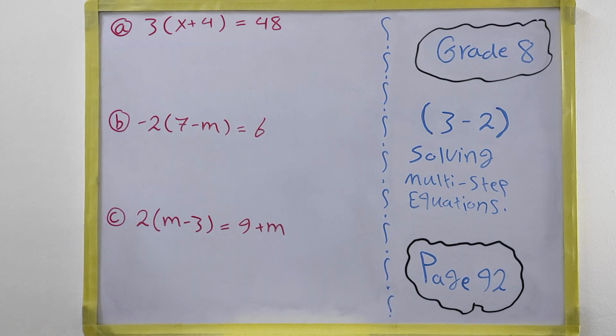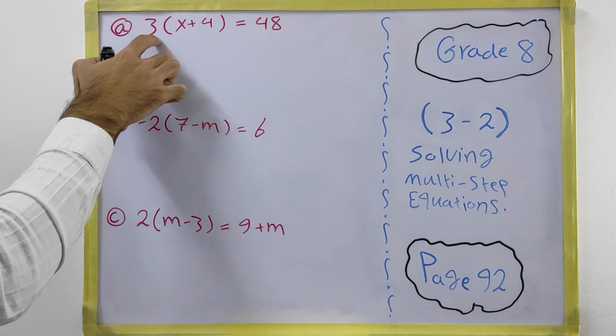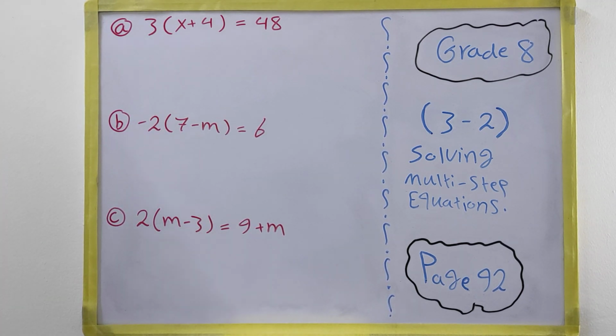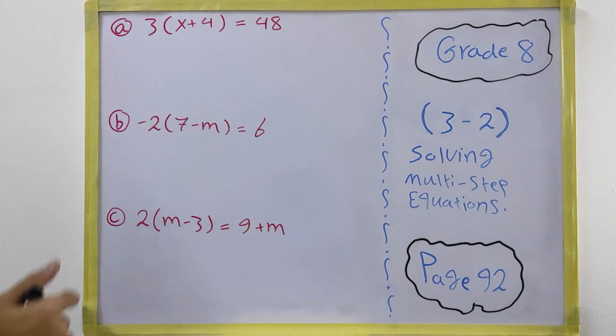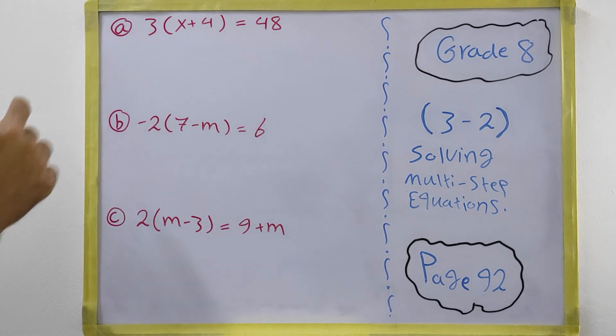Whenever you have a bracket like this, a number multiplied by a bracket, or in other examples fractions, let's see how we solve them. Whenever you have a number multiplied by a bracket, we can directly multiply, then solve like we did in the last lesson.